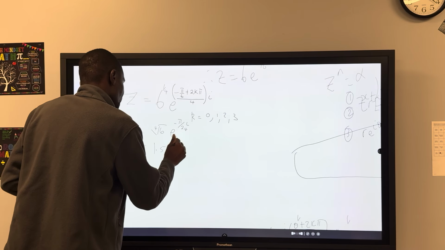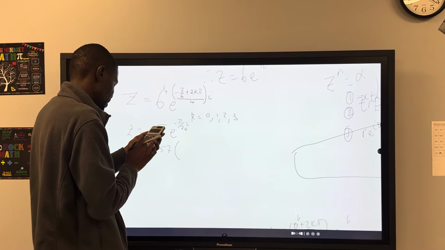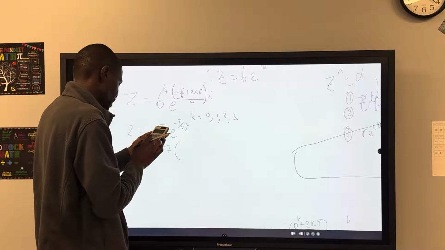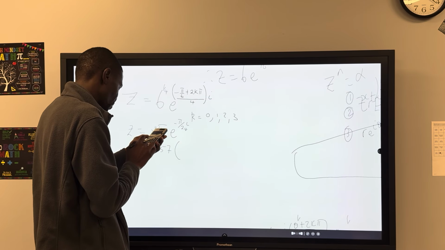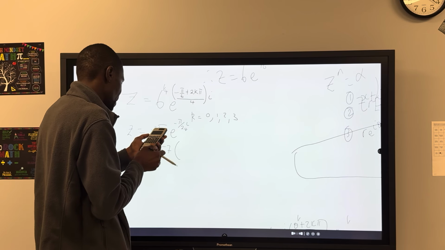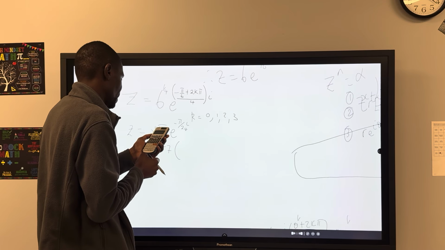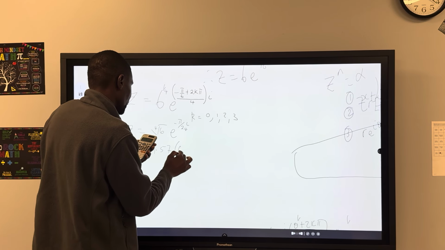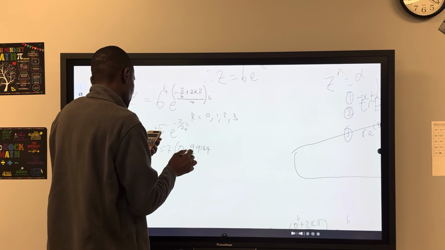So cos of that, if I say cos negative pi over 24, I'm getting 0.99144.